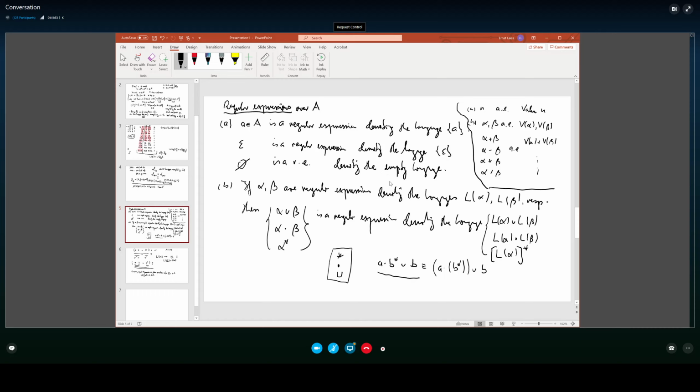And once we have that, then we can look at the inductive step.